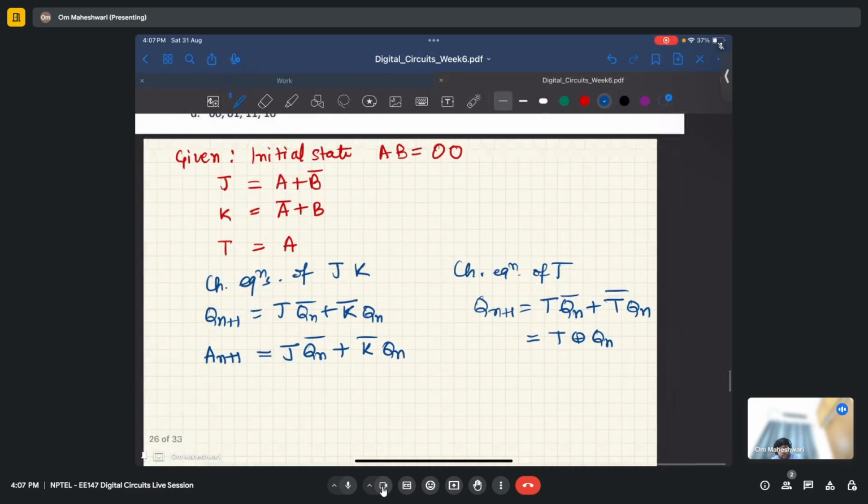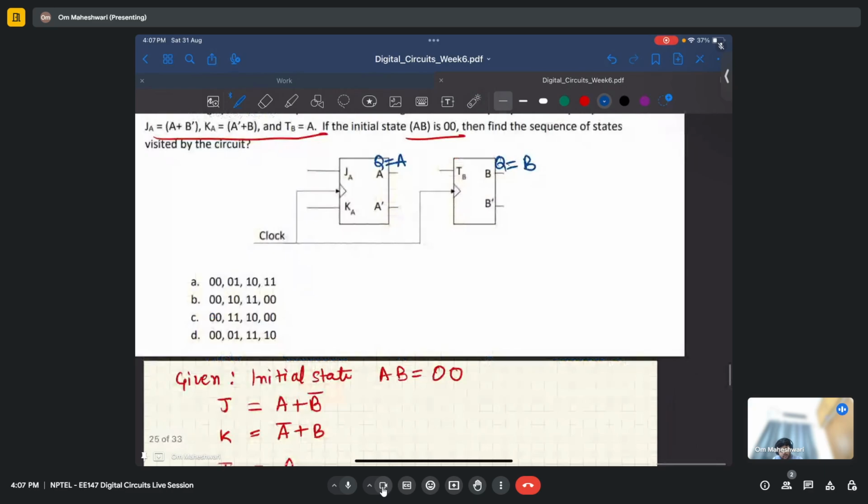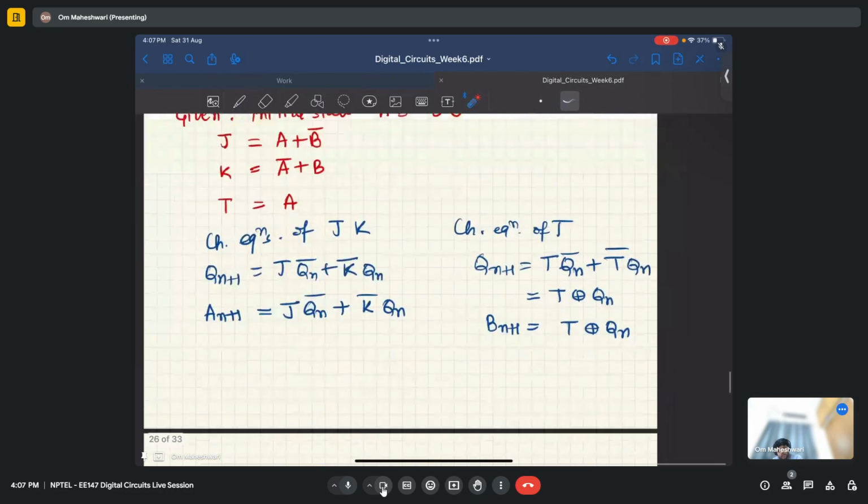And for this one, Bn plus 1 equals T XOR Qn, since here Q equals B.